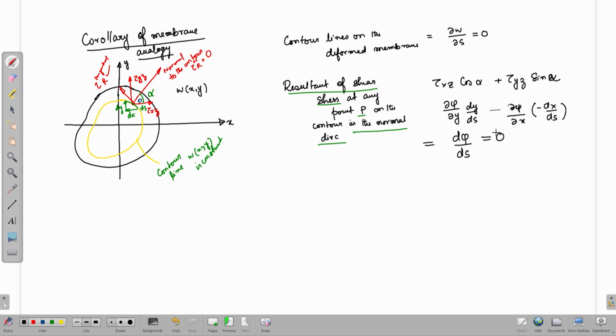Therefore, del w by del s is analogous to del phi by del s, instead of the normal derivative, let me write this as del phi by del s. Since phi is analogous to w, del phi by del s is analogous to del w by del s.